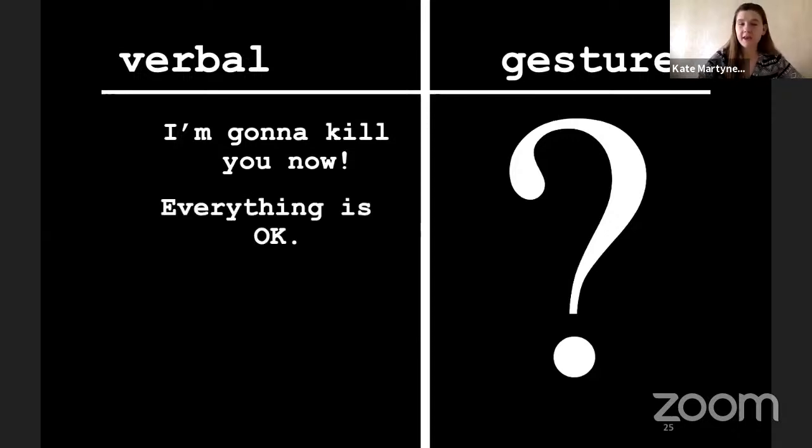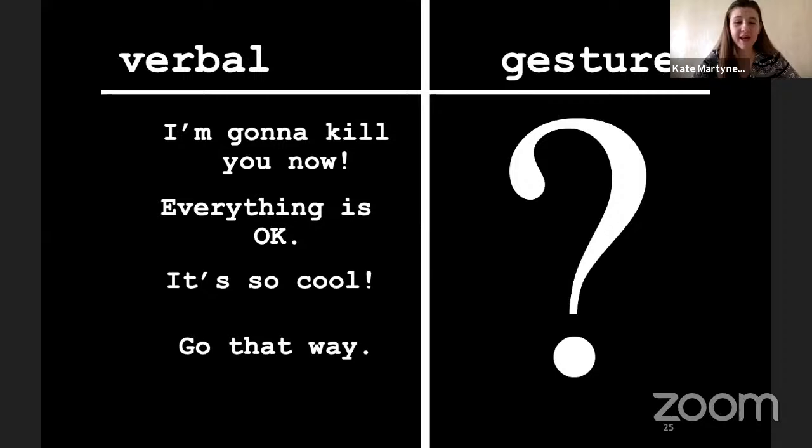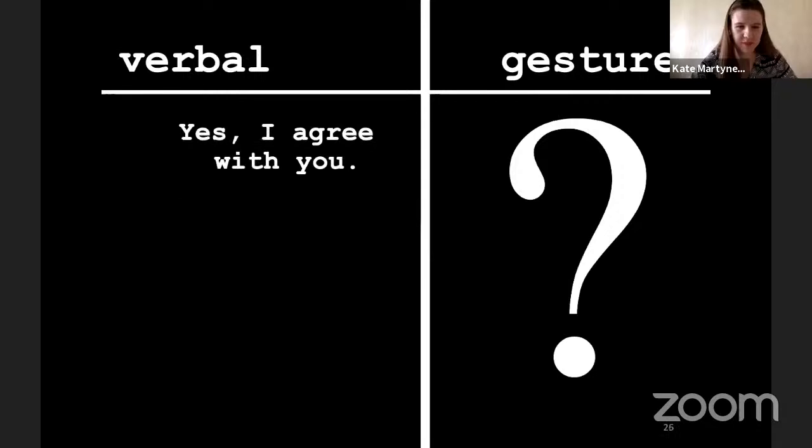Everything is okay. So what about this? Hug with one another. Yes. It's so cool. It's so cool. What do you think about this? What gesture? Oh, I showed you. Sorry. It's from our previous slide. What gesture do we show? Then, yes, I agree with you. What gesture do we use for this? No, you are wrong.